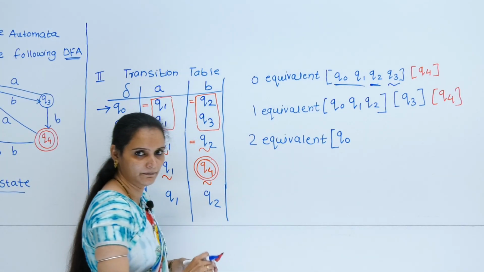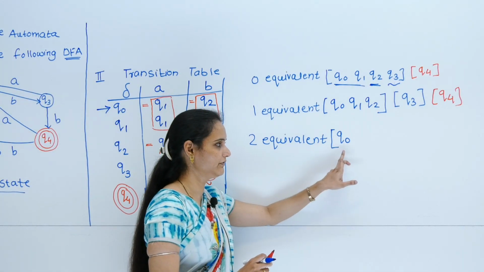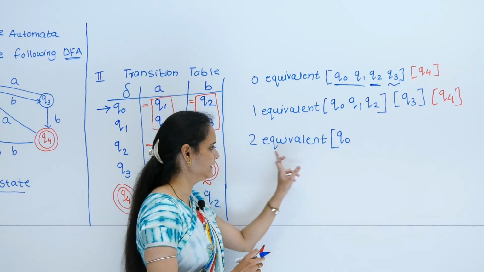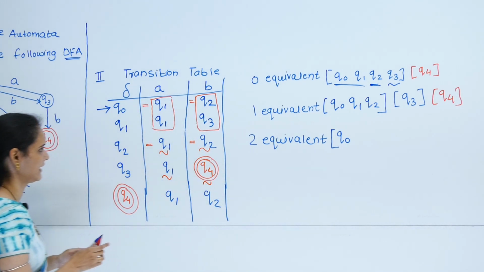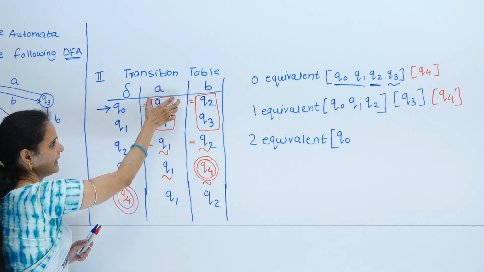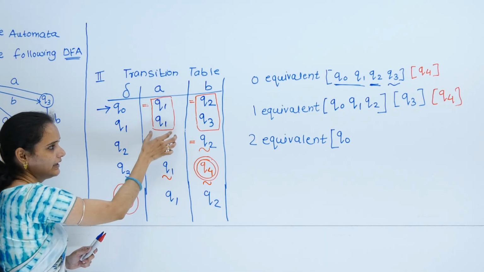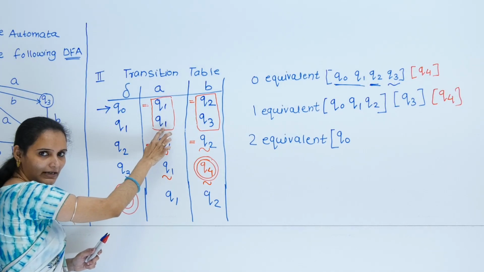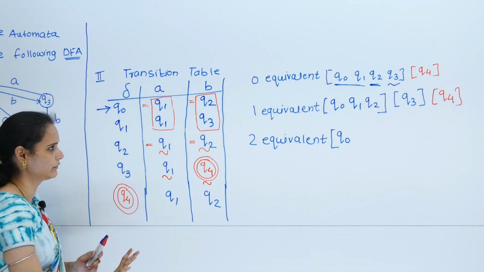Q0 is the initial state. So is Q1 equivalent with Q0 or not in two equivalent? We are going to check. Q0 and Q1 on input A go to Q1, which is one symbol, so it can be present in one group.